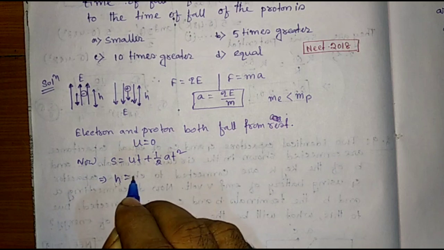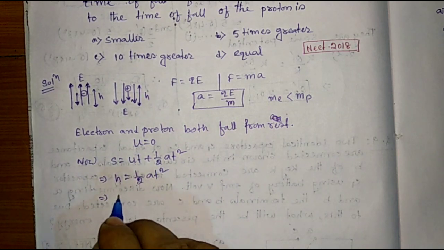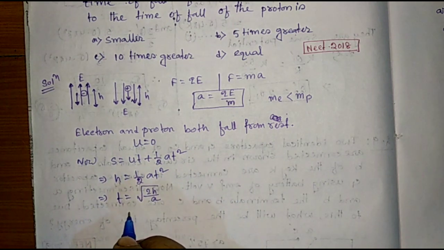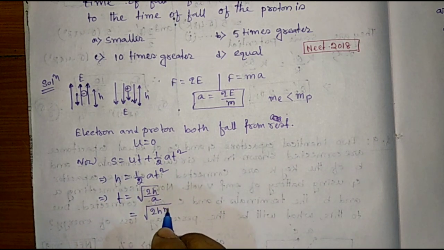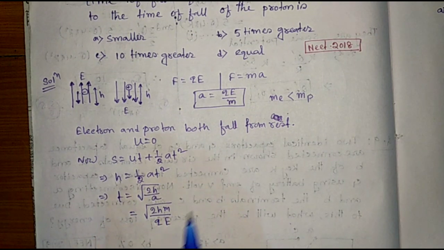Now h is equal to half a t square. Now t is equal to root over 2h by a, which is equal to root over 2hm by QE.